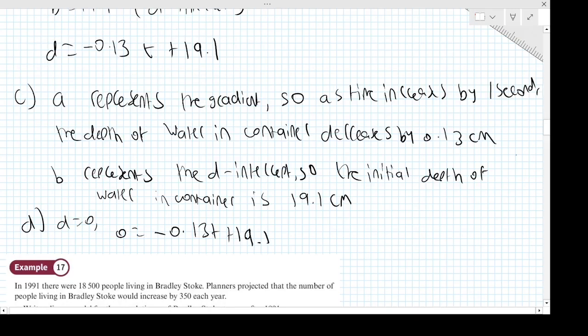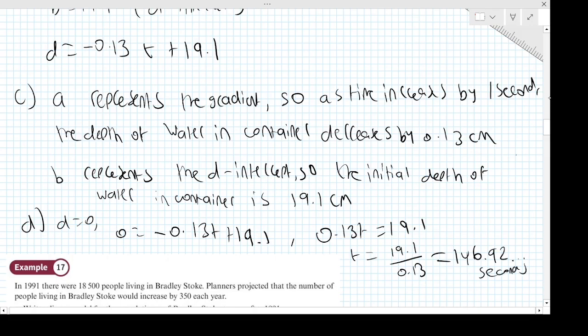Therefore 0.13t is 19.1, which means t is 19.1 divided by 0.13, which is equal to 146.92 and so on, seconds.